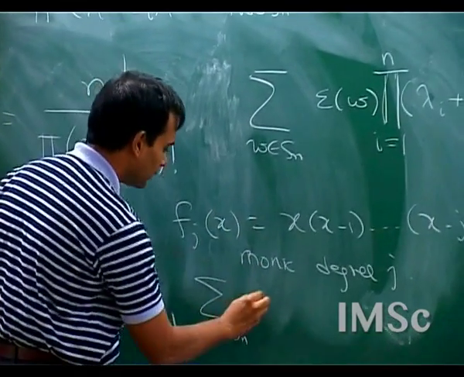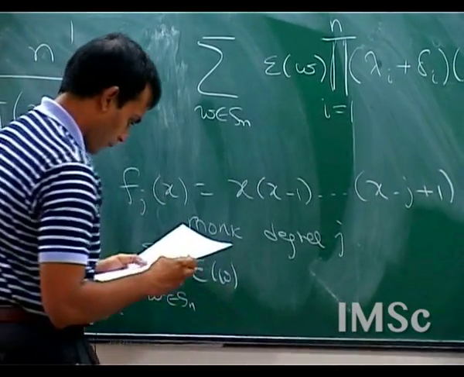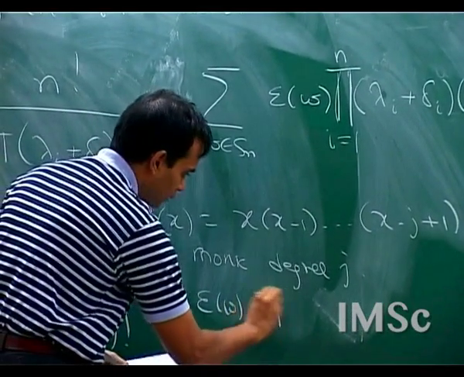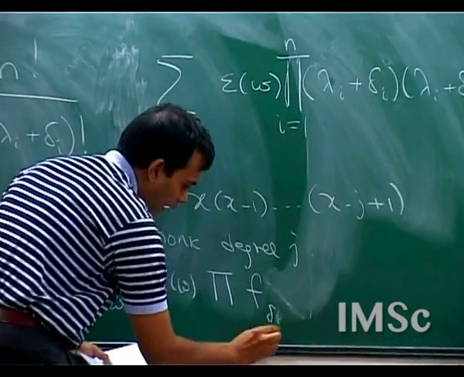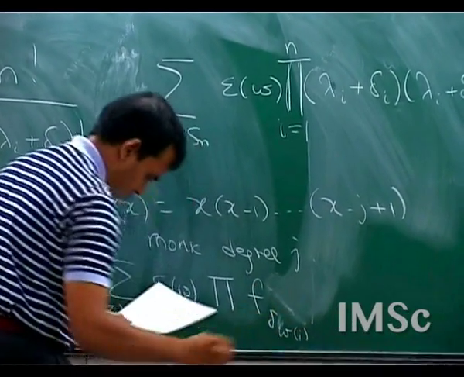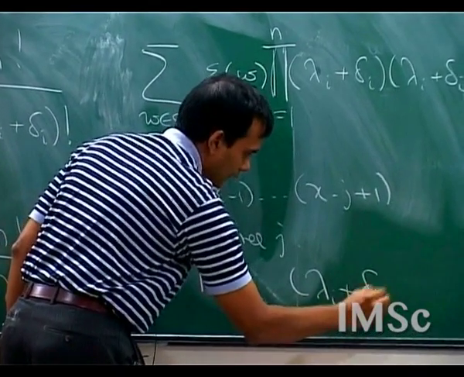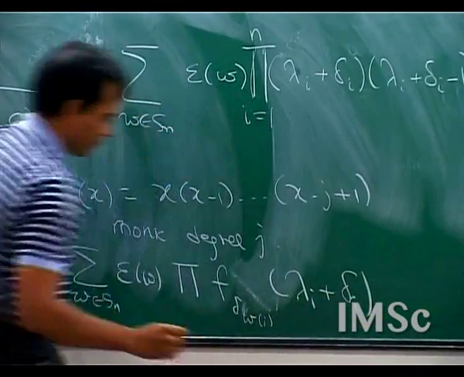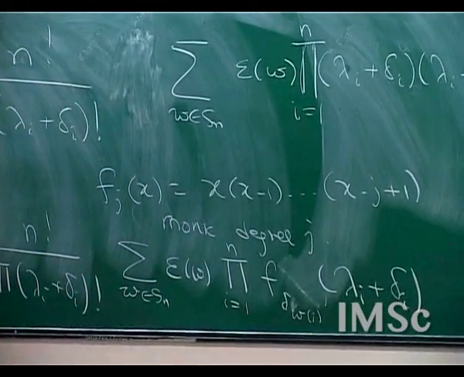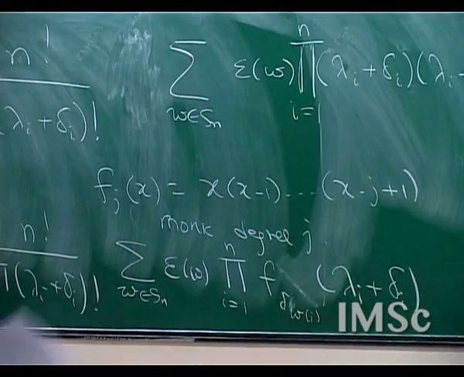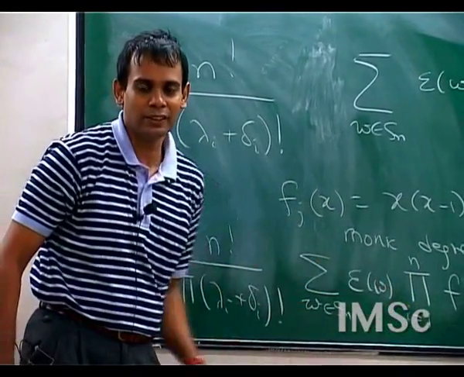And this thing looks like a determinant: epsilon w, and then we have the product of f delta w I of lambda I plus delta I, and I goes from 1 to n. That's what we have. And that's clearly a determinant, right? It's an alternating sum of something. So what are the entries of that matrix?